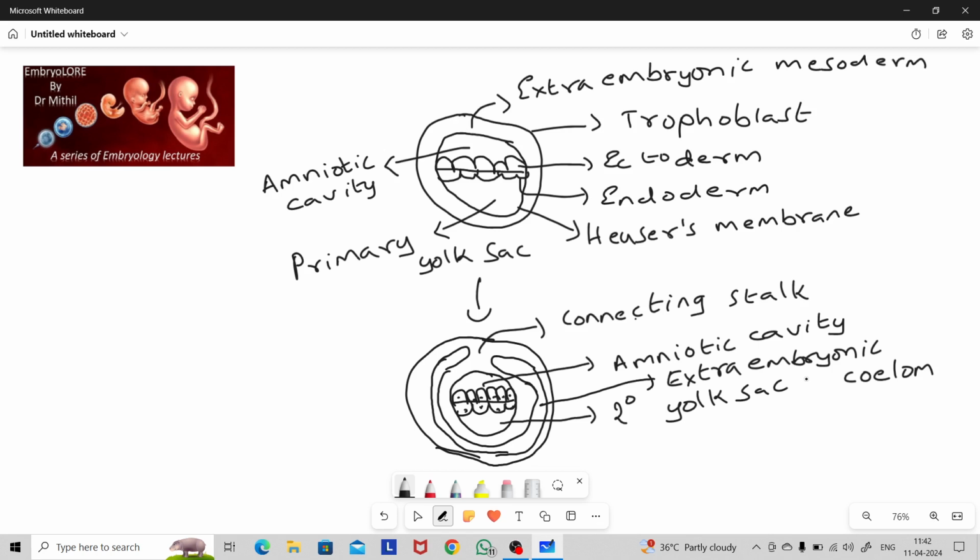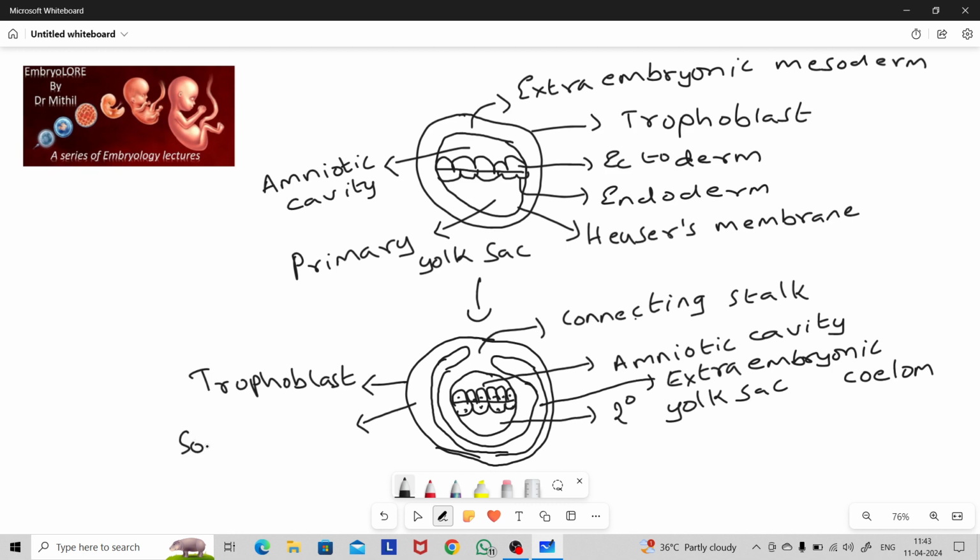The one lining the trophoblast is called the somatopleuric layer of the extra embryonic mesoderm, or also called the parietal layer.